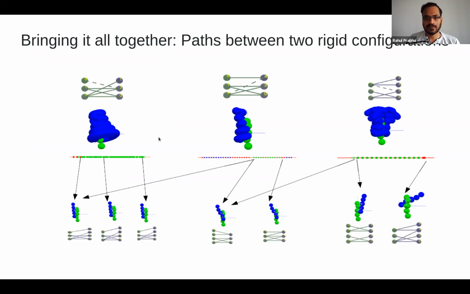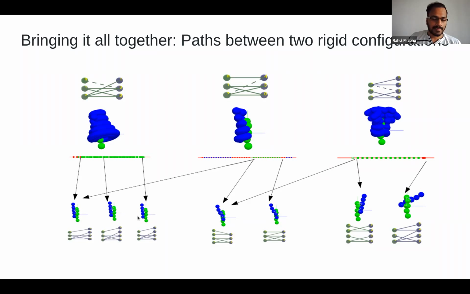And then within a 1D active constraint region, I do the same thing: I again define a different graph and traverse it. So, putting it all together, let's say this is my source configuration.